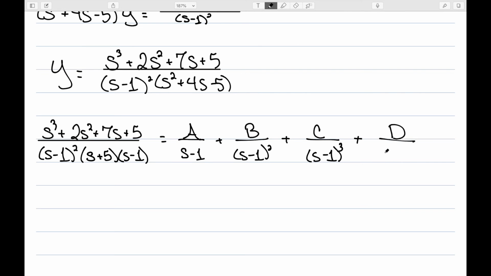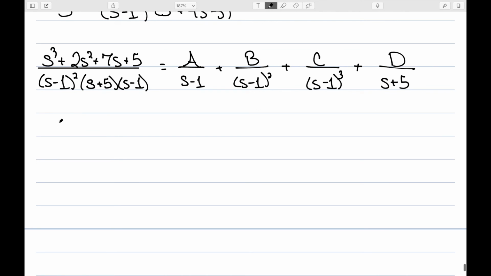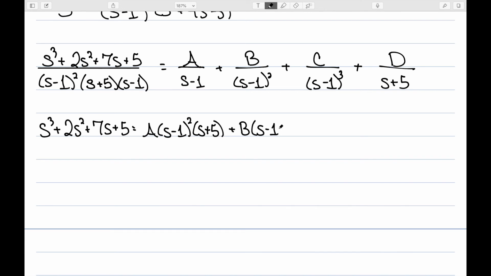And then we also have a term over s plus 5. As we multiply this out, we get s cubed plus 2s squared plus 7s plus 5 is equal to A times s minus 1 squared, s plus 5, plus B times s minus 1, s plus 5, plus C times s plus 5, and then D times s minus 1 cubed.